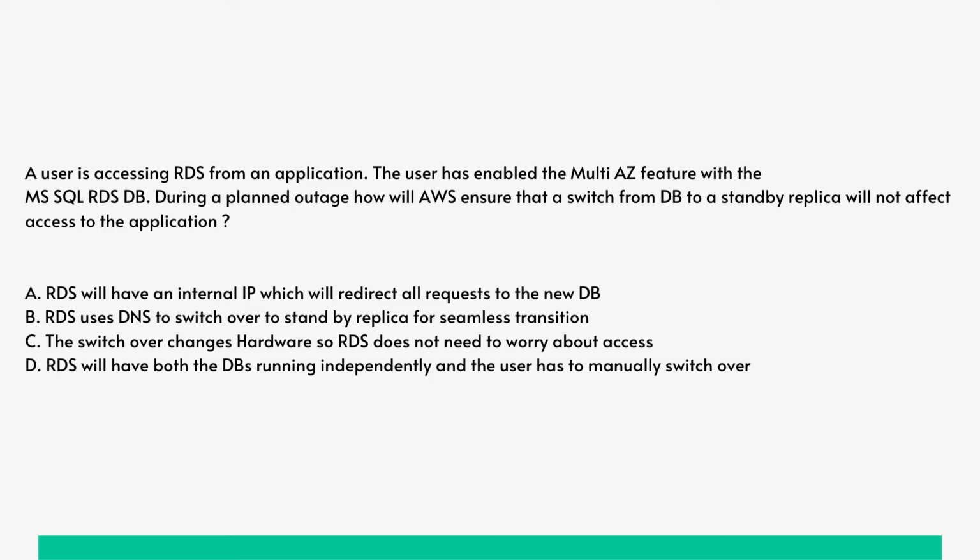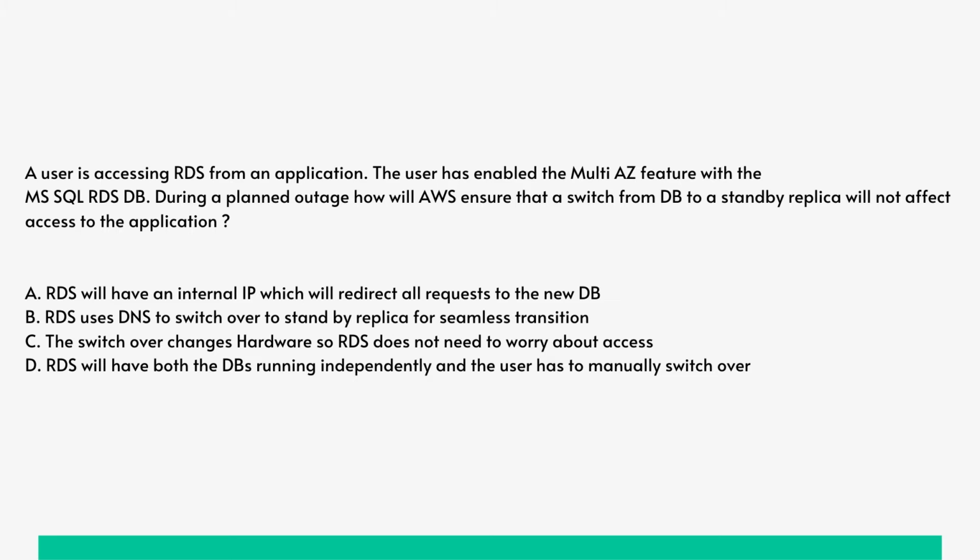Option A: RDS will have an internal IP which will redirect all requests to the new DB. Option B: RDS uses DNS to switch over to standby replica for seamless transition.